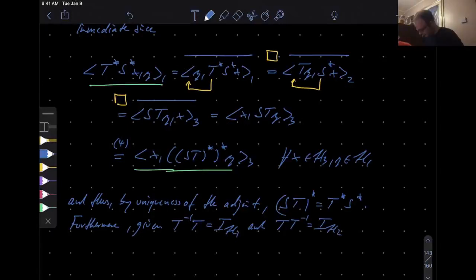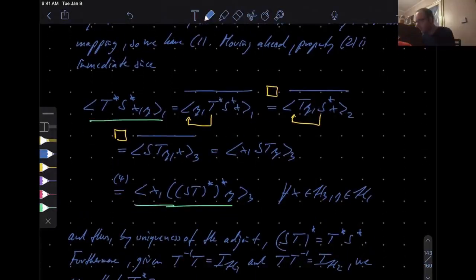So given this and this, we use that T star, remember that formula that constructed it explicitly, this was C1 inverse, T dual of it, and then C2.